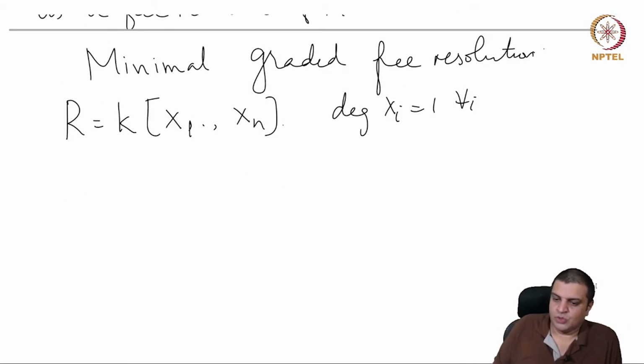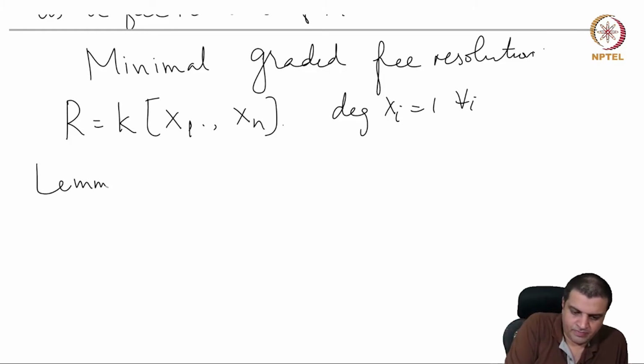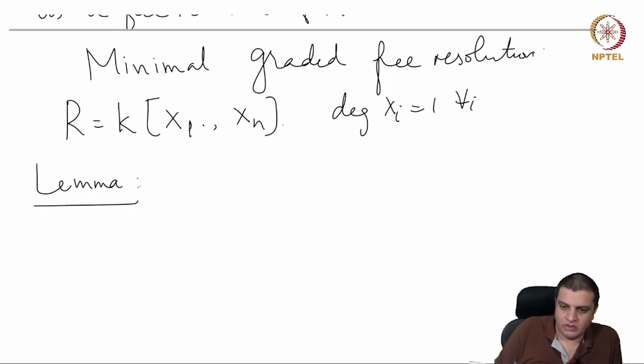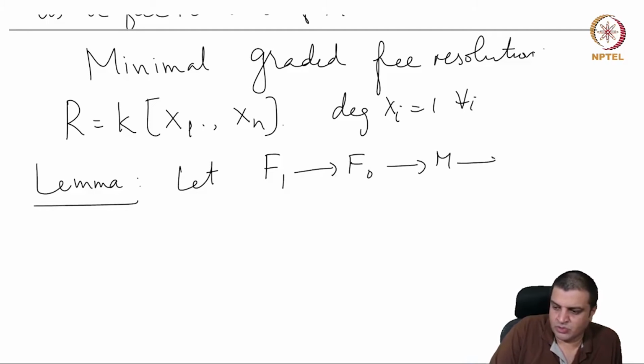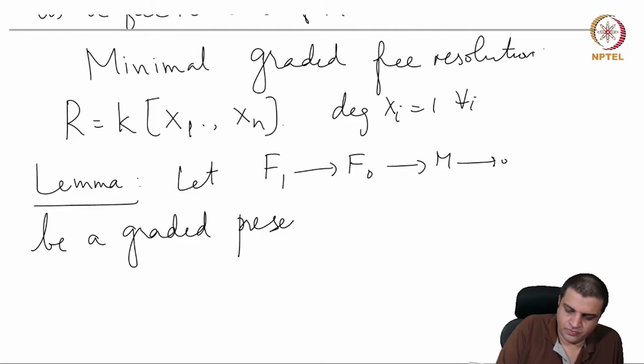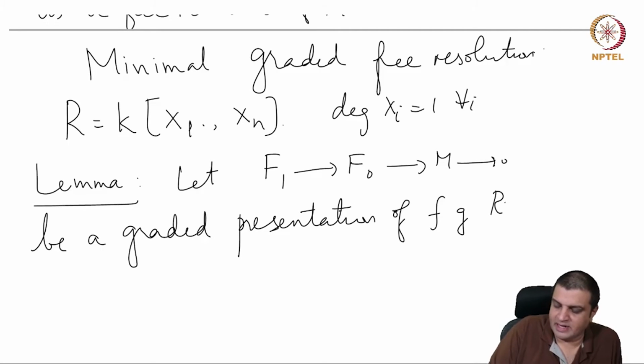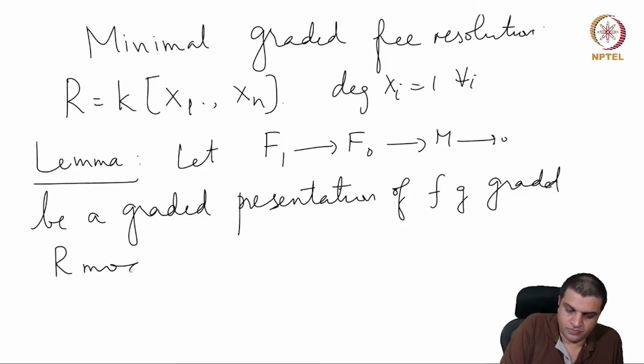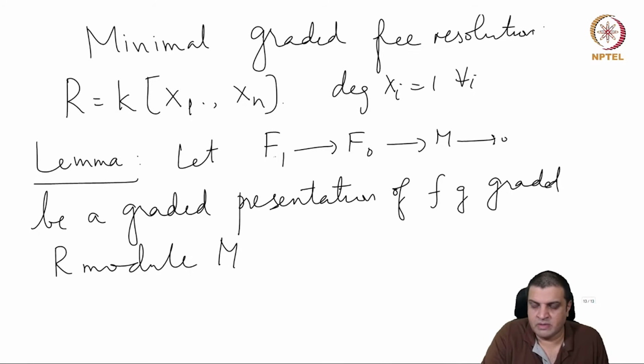So here is a lemma. Let F1 to F0 to M to 0 be a graded presentation of a finitely generated graded R-module M. So we are given a finitely generated graded R-module and we take a graded presentation.